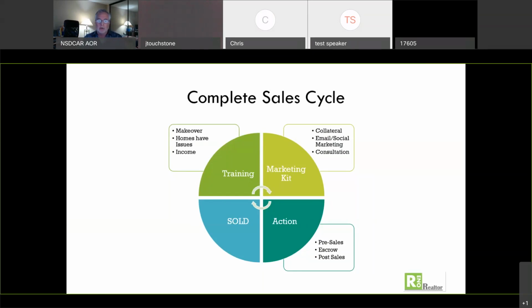So we've included a whole marketing kit and strategy. We'll encourage you to fill out the survey and really participate in this marketing kit. It's no cost. And then as you start to have a transaction that develops, we can support you throughout the process. So building a team is really critical to a successful escrow and implementation of renovation loans.